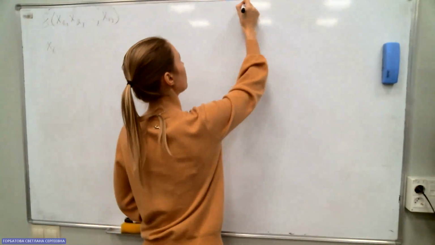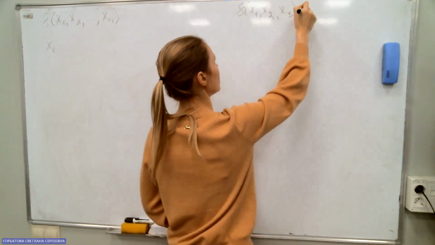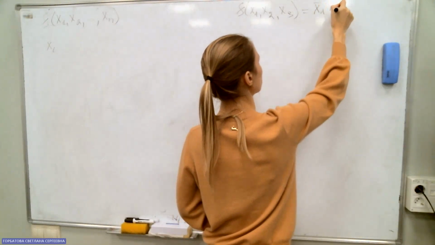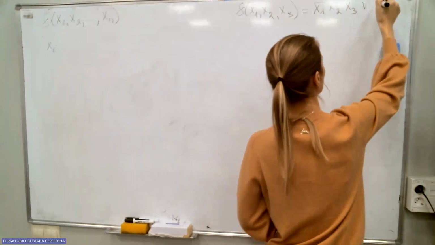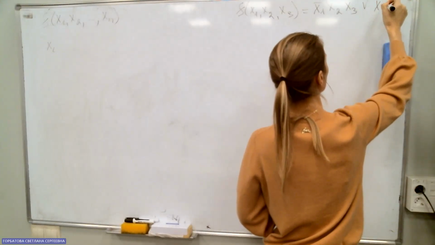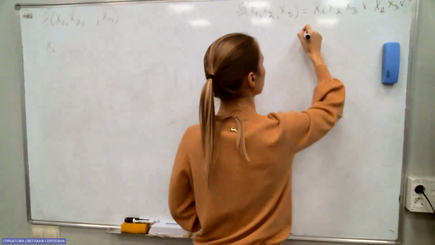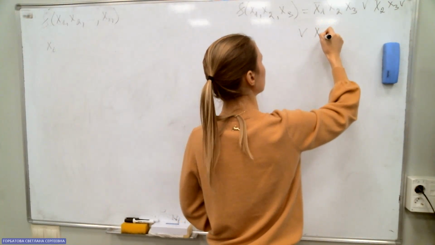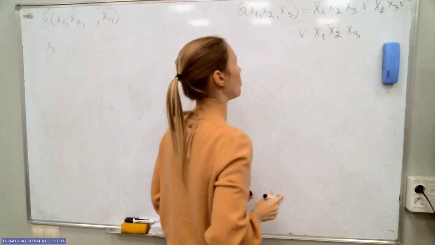Some example: f of x1, x2, x3, just three variables, and it is not x1, x2, x3, disjunction x2 not, x3 not, disjunction x1 not, x2, x3, for example.